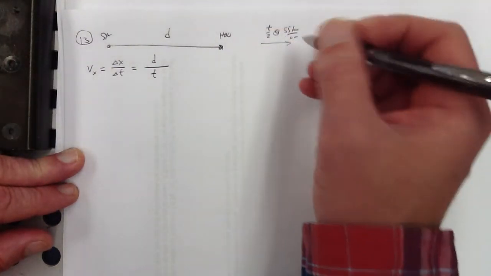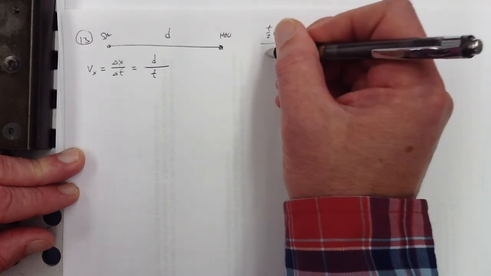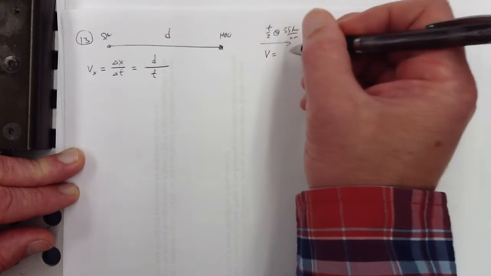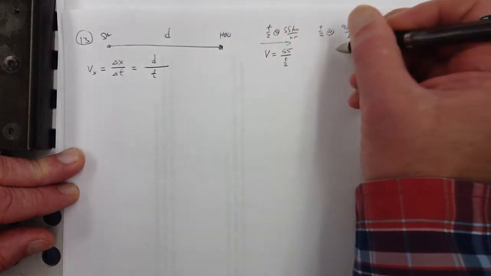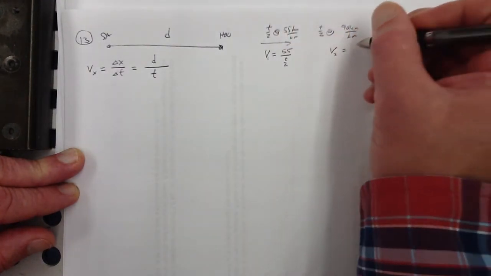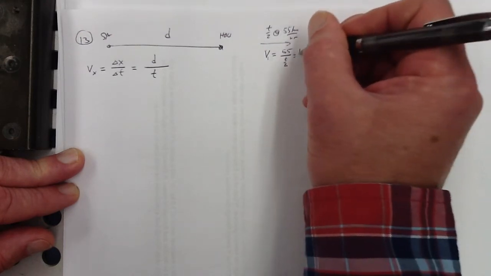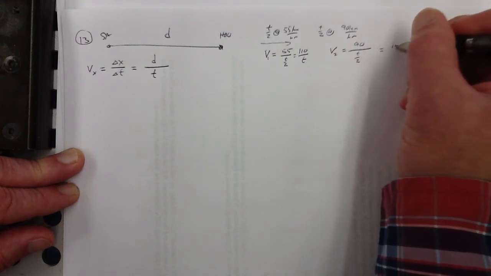Well, I know here that for this part of the trip, v1 is equal to 55 over t over 2, and v2 is 90 over t over 2. That's 110 over t, and this is 180 over t.